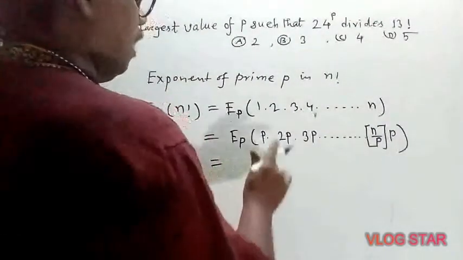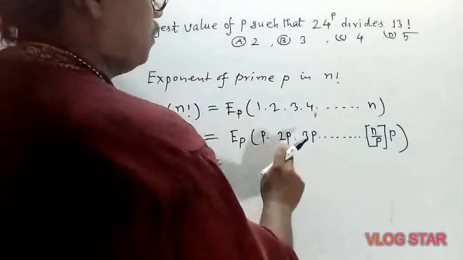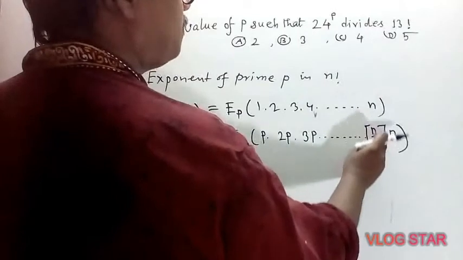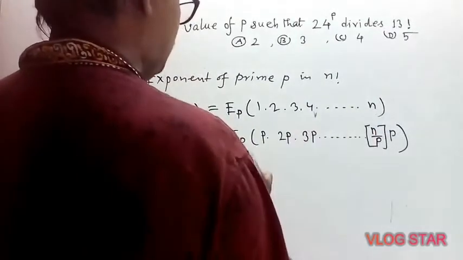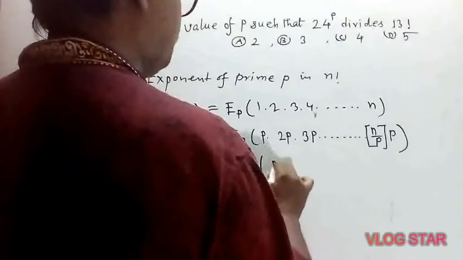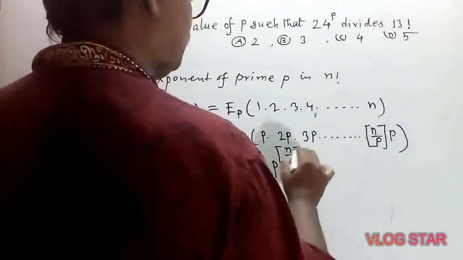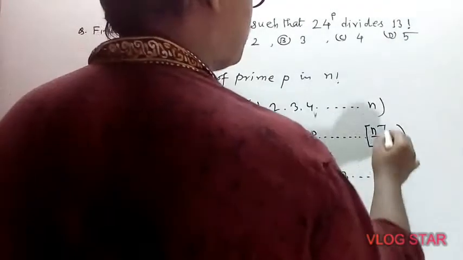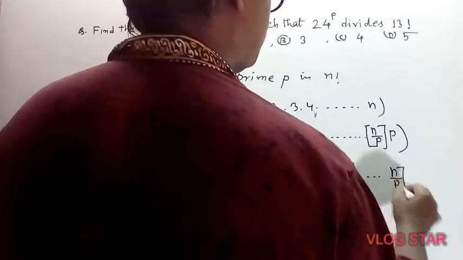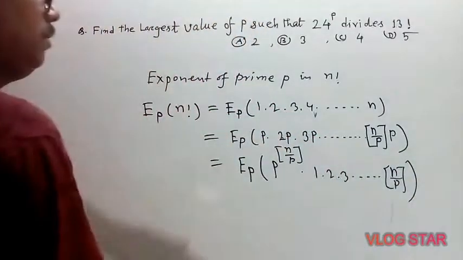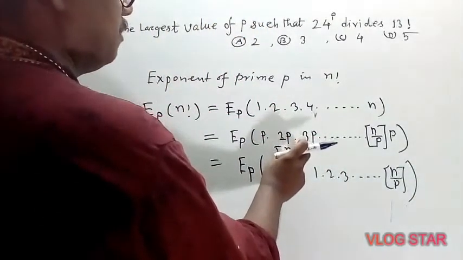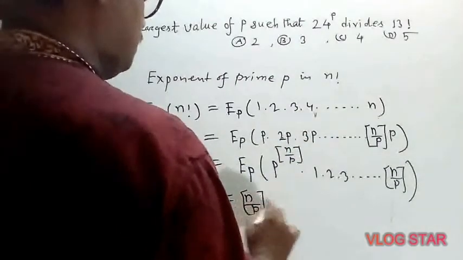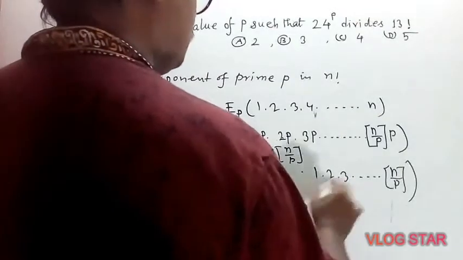Then how many p's? 1, 2, 3 up to the greatest integer value of n by p. Then we can say p power n by p into 1, 2, 3 up to n by p. So we have got the greatest integer value of n by p, this many p's. So we separate this, plus the exponent of p.